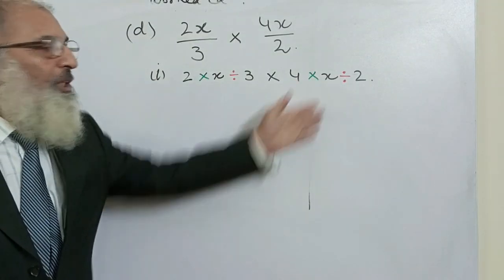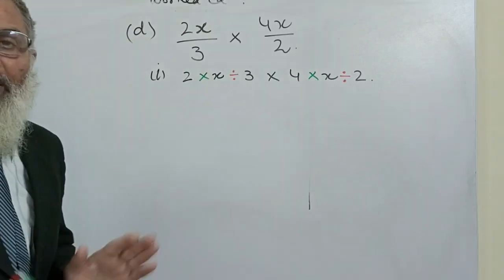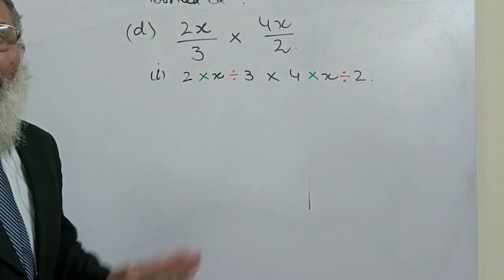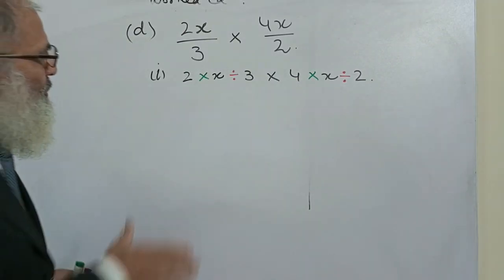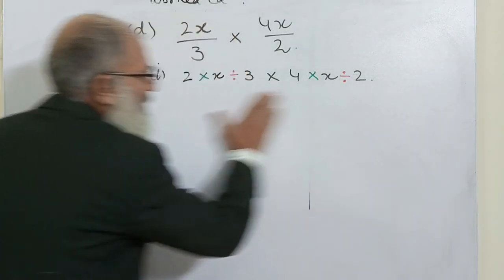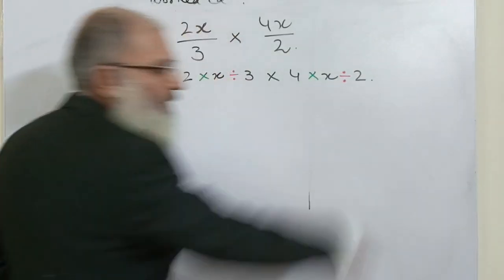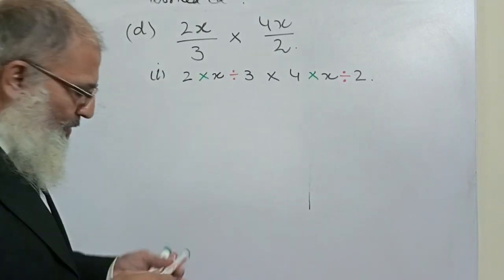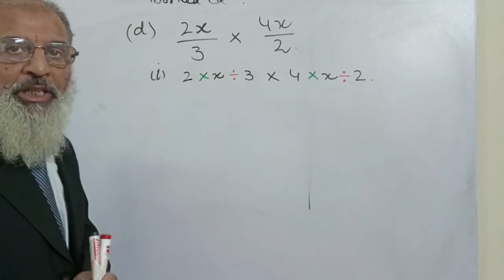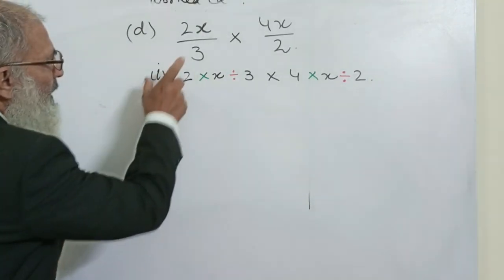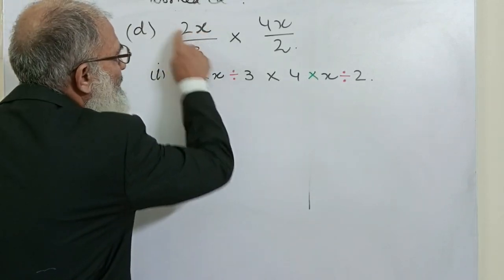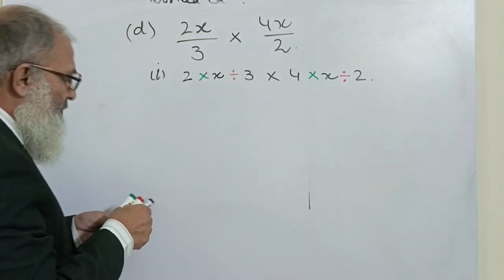But if you do it like this, you will be very much confused. So just ignore all this. Ignore this all. So that's why in your book only the multiplication signs have been inserted.